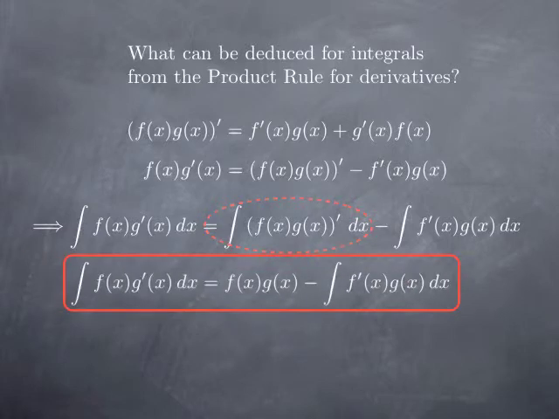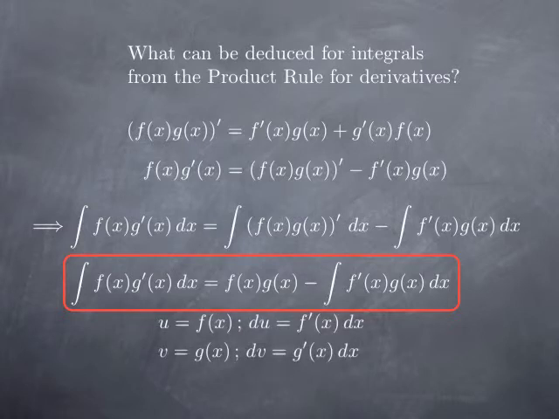So we can replace that term by f times g and we obtain what we will call the integration by parts formula, which is that the integral of f times g prime is equal to f times g minus the integral of f prime g. Now we are often going to rewrite that formula slightly differently, in a form that is a little bit easier to remember.